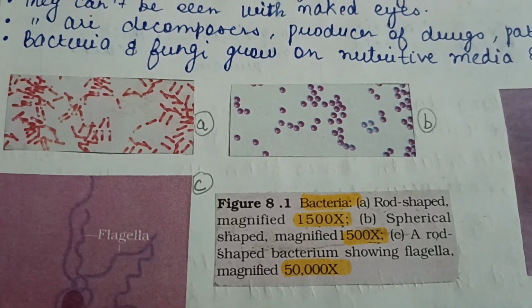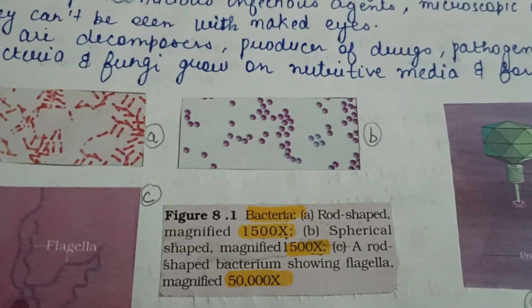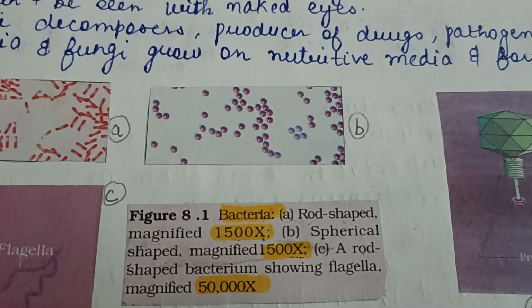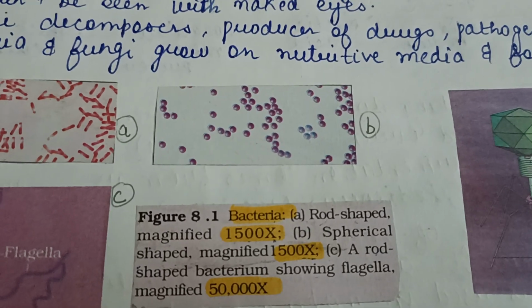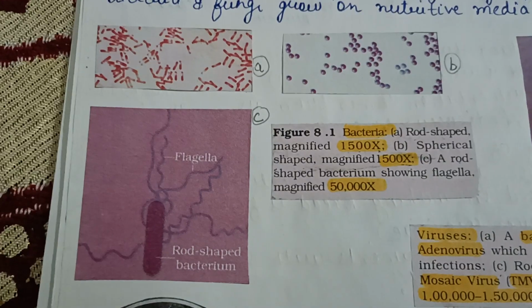Then if we move to the next diagram, this is a spherical shaped bacterium, magnified 1500x. And the last but not the least is this third.